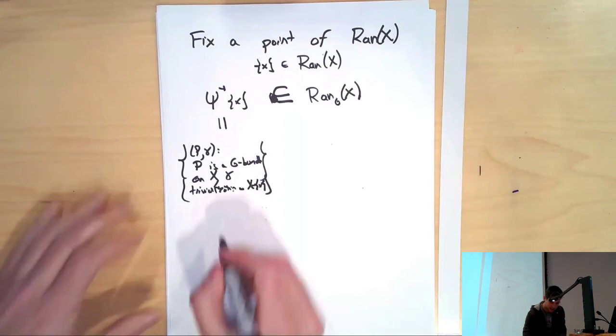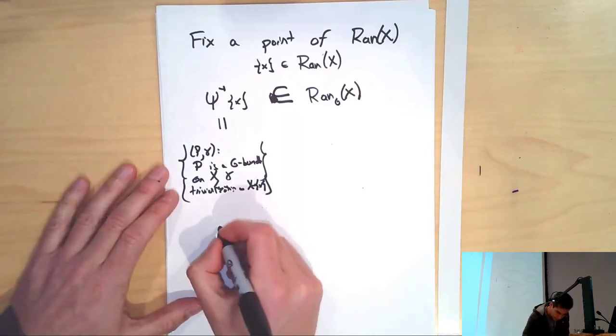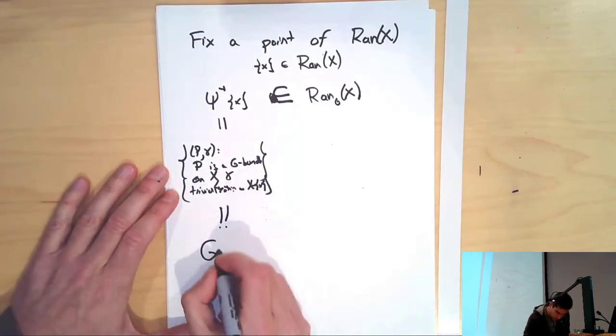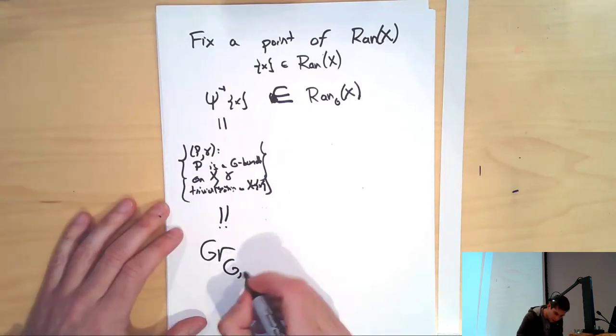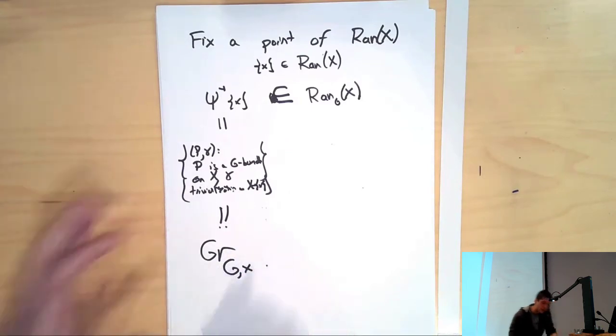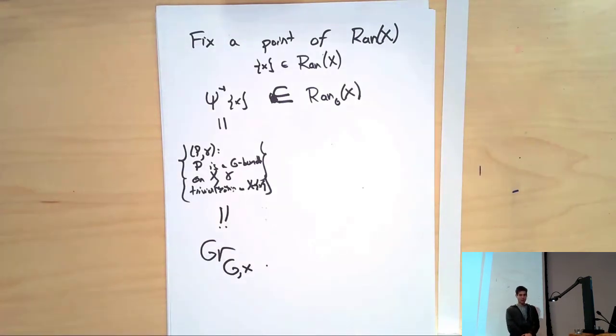So this object has a name. This is what's sometimes called the affine Grassmannian of the group G, or maybe I should emphasize it depends also on a choice of point of your curve. So it's the collection of all G bundles on X which are equipped with a trivialization outside this one point.